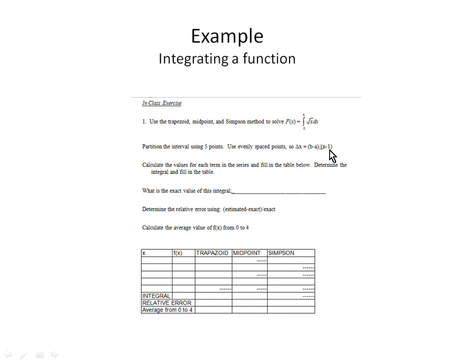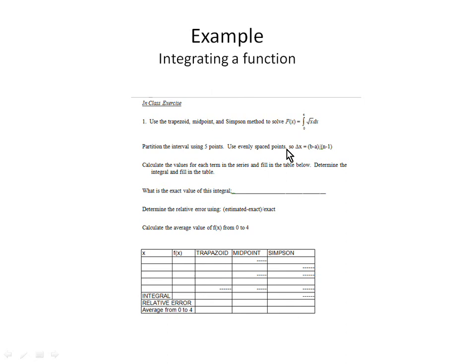What you should do is calculate the values for the different methods, and this table is set up so that you can calculate the individual terms in the series here, and then you'll add those terms up to do the summation and calculate the integral.